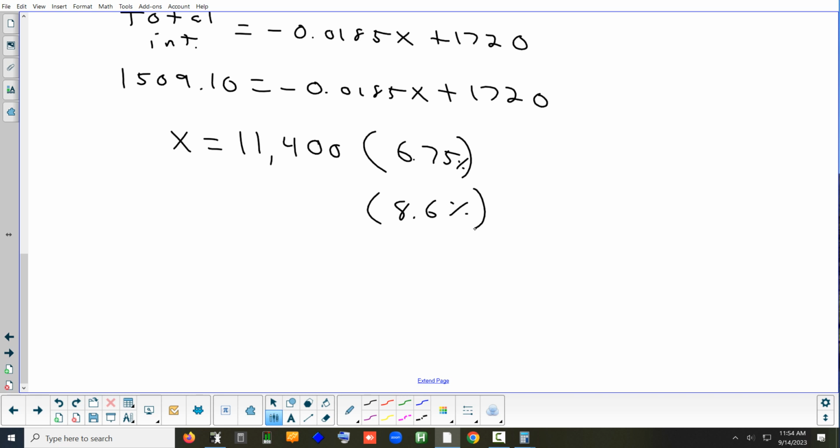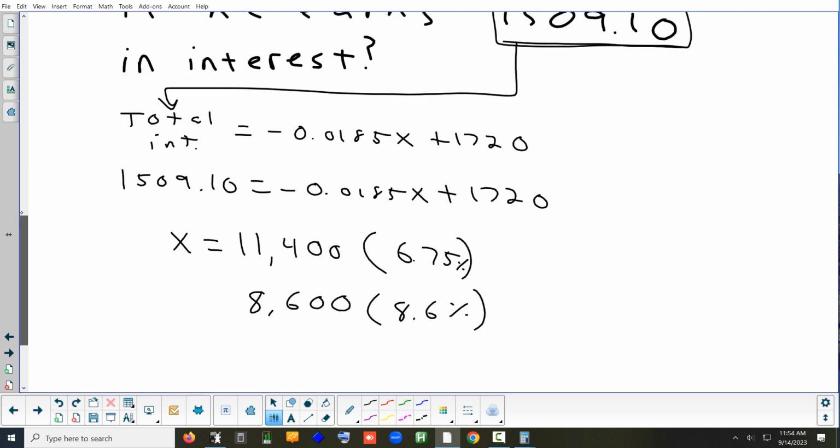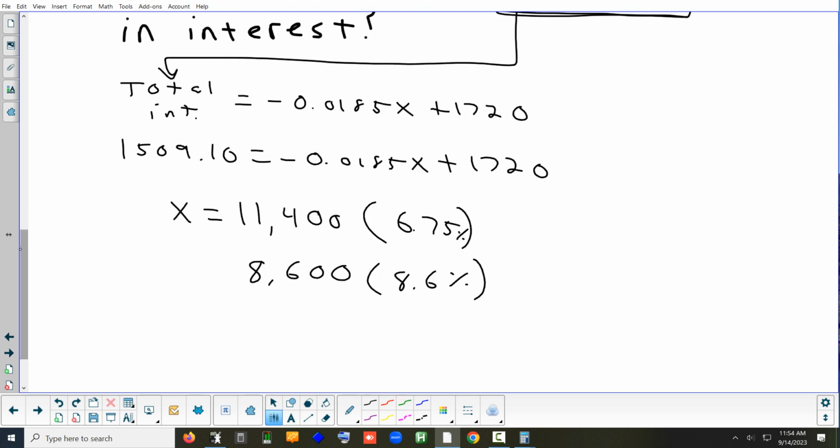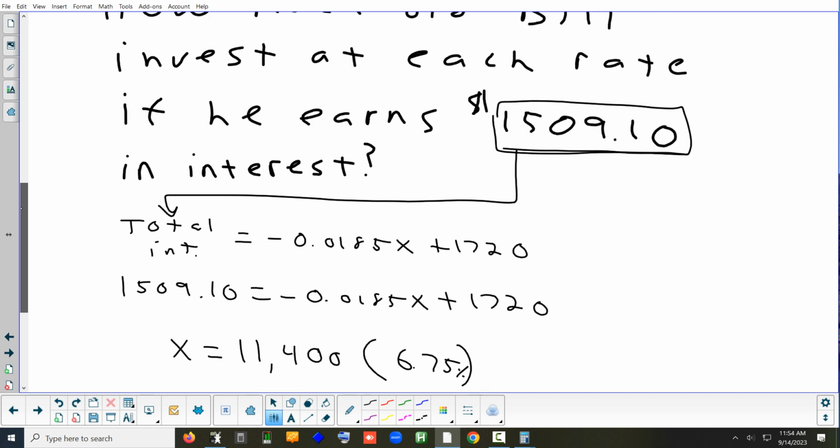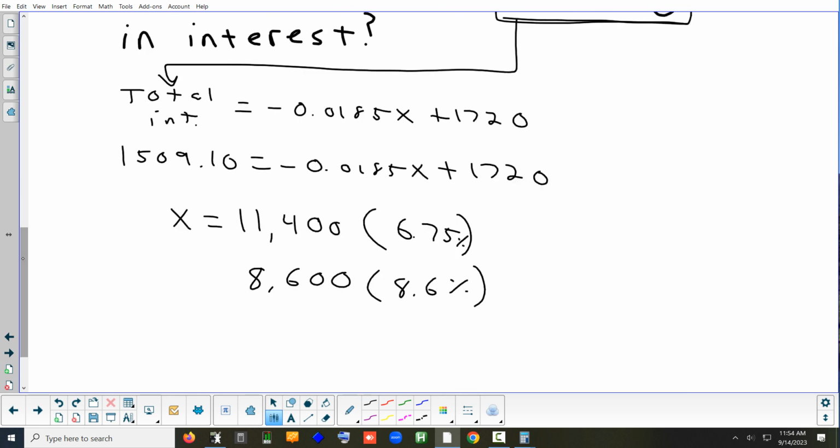Yeah, 8,600. It's the difference of 20,000 in that number, which is 8,600. So just pay attention on the test which one it's asking for. If it's asking for both, there'll be a box on the test and they'll be labeled 6.75%, 8.6%. If it's only asking for one, then pay attention to which one it wants to know.